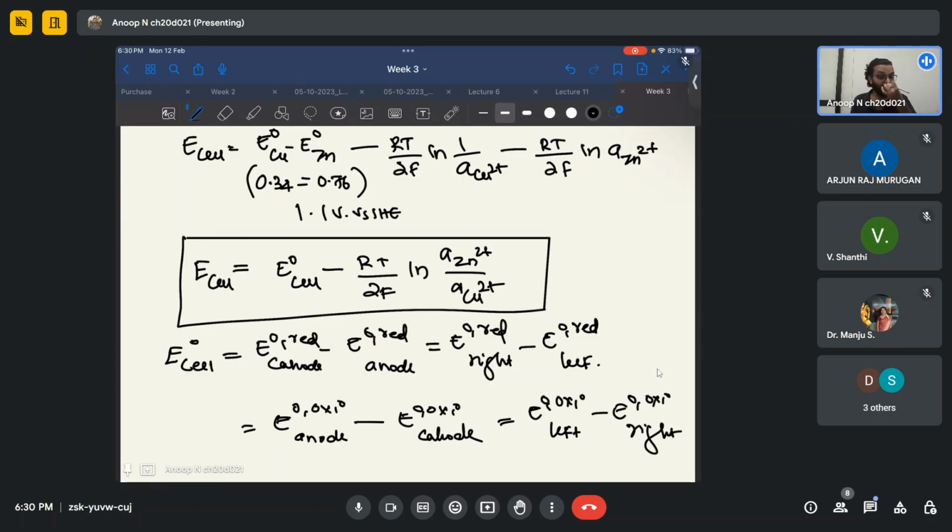So these all will give the same value, but the sign convention we are taking will be slightly different.